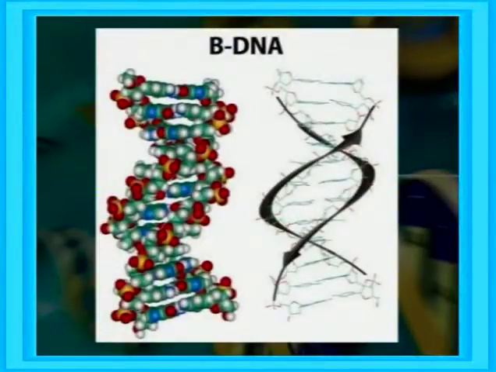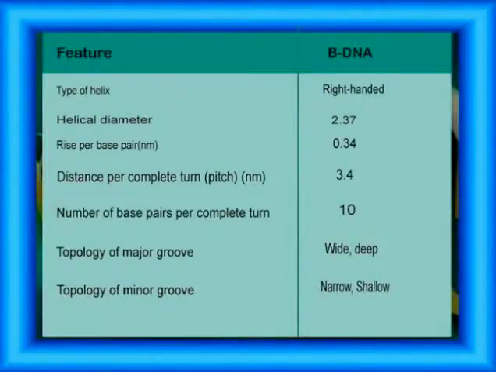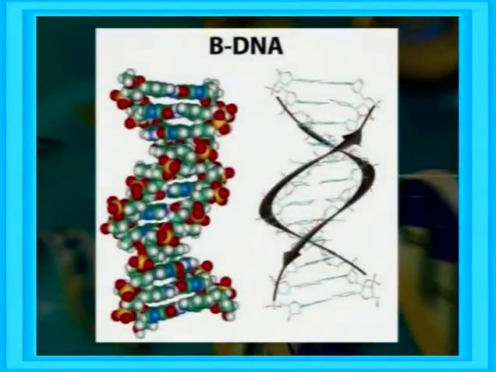This form shows right-hand coiling and contains 10.5 base pairs per pitch or turn instead of 10. The B form is the most stable structure for a random sequence DNA molecule under physiological conditions, and is therefore the standard point of reference in any study of the properties of DNA.